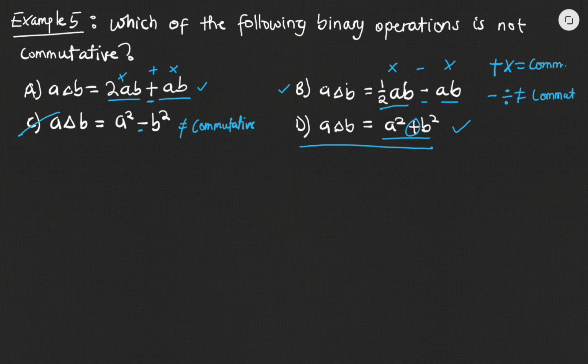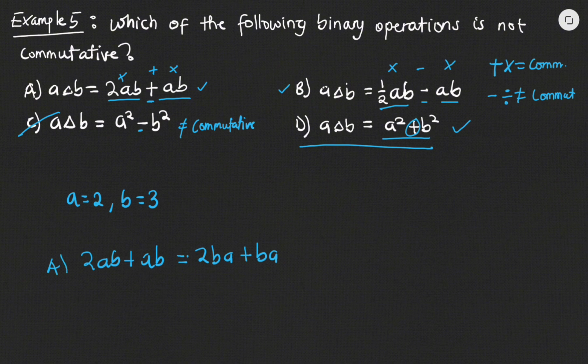If you like, you can use, let's say, the value A equal to 2 and B equal to 3 to find whether or not this is commutative. You can use it on A, B, C, and D. If you're using it on A, it means that 2AB plus AB should be equal to, when you interchange the position of A and B, 2BA plus BA.